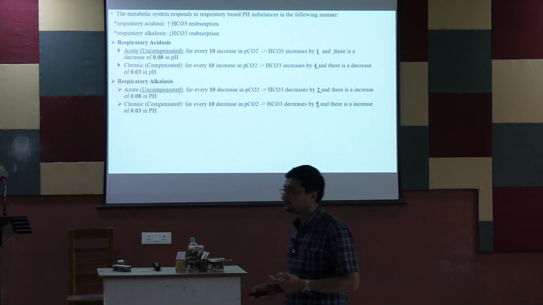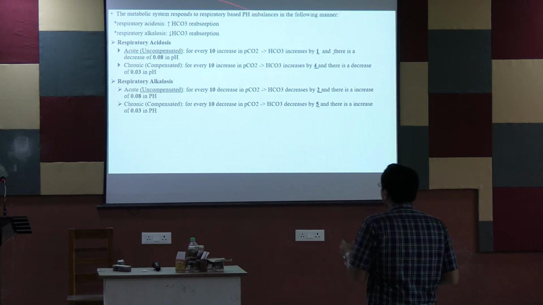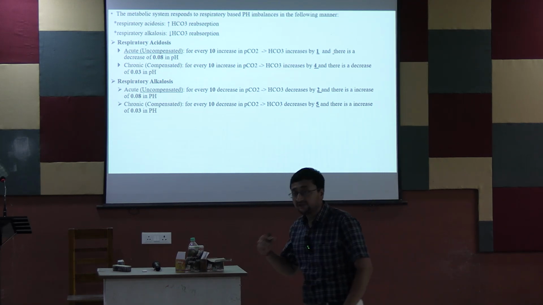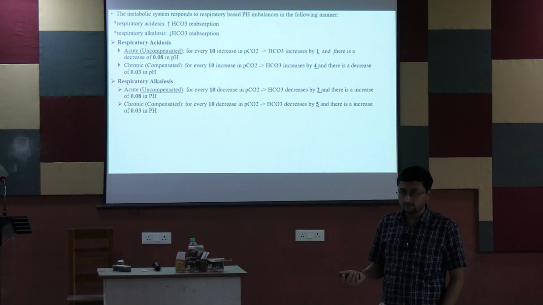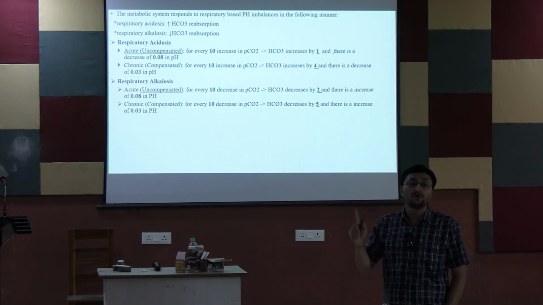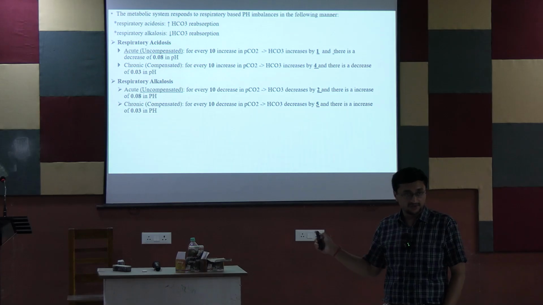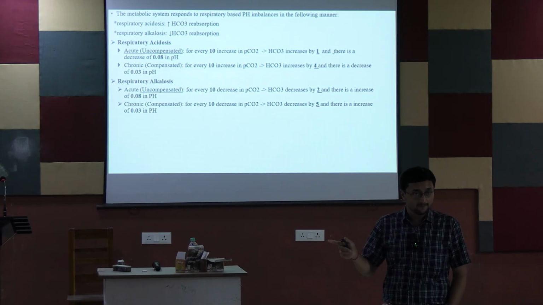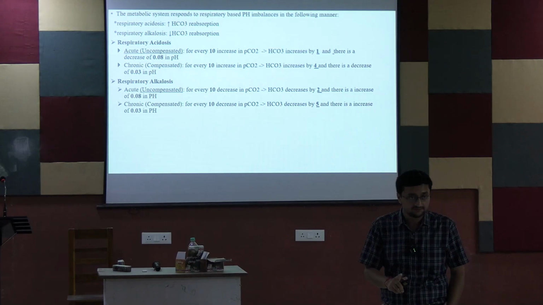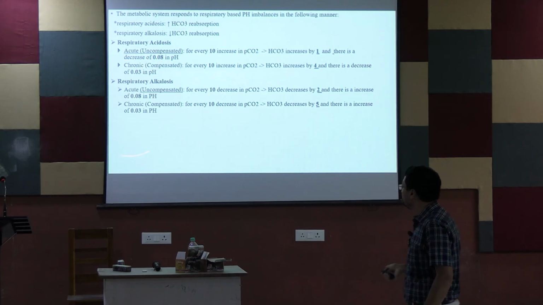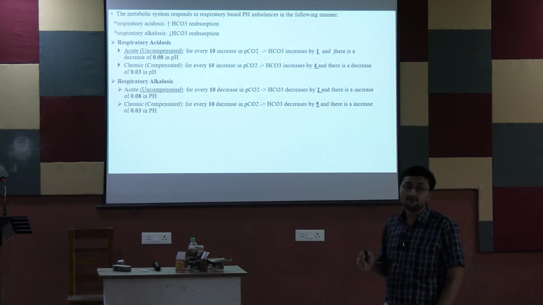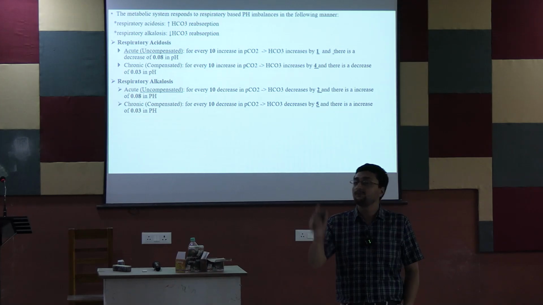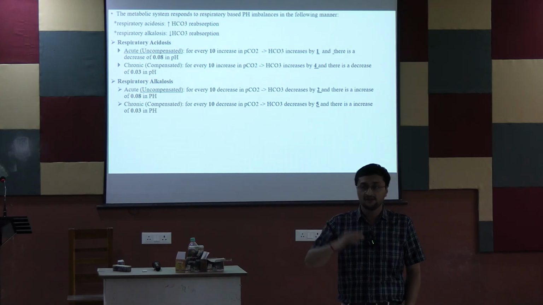That means what is 1? That means for every 10 increase of PCO2, the change of bicarbonate will be 1. Okay? Clear ekhan theke? Every 10 increase there is a change of bicarbonate of 1 in case of acute respiratory acidosis, and pH change will be decrease of 0.08. 0.08 and 0.03 is similar.